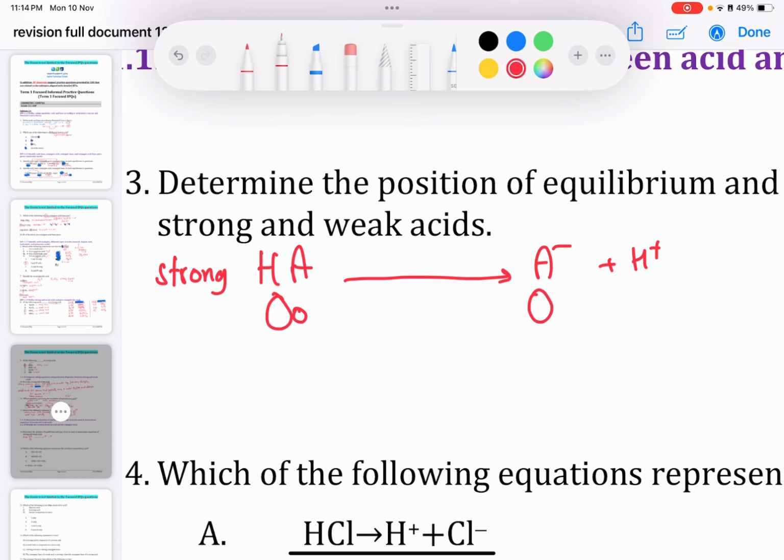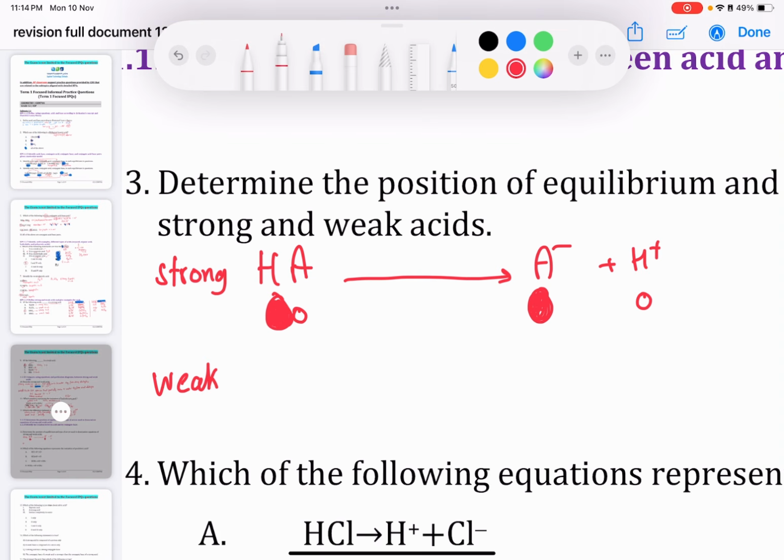So that's the A, and that's the H plus. I don't have any more unionized HA.